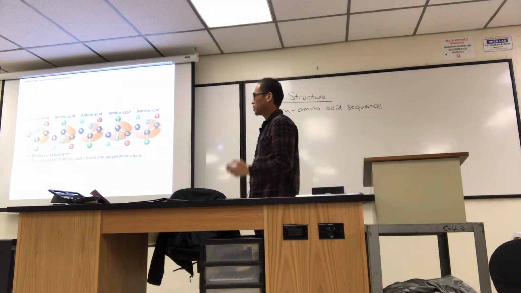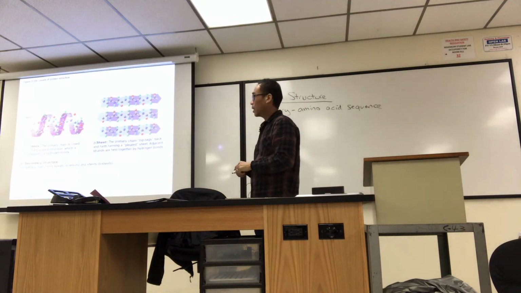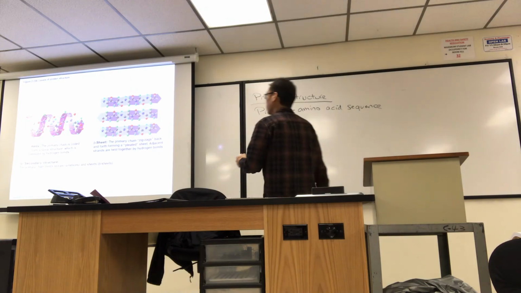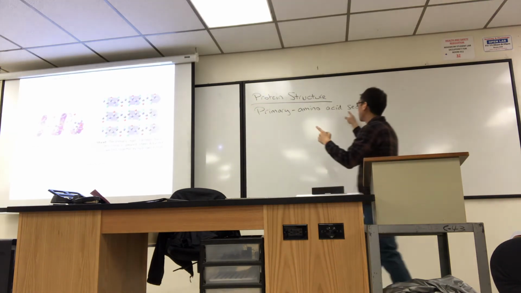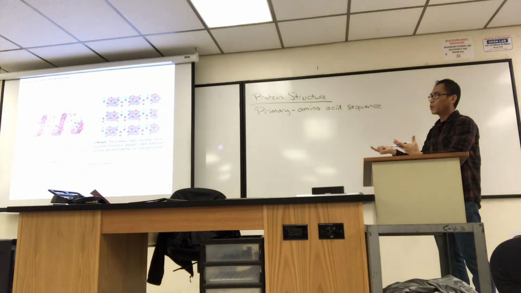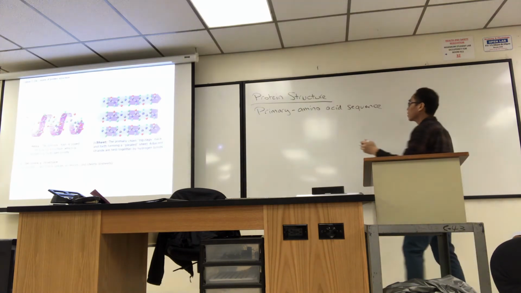Now, if the sequence is correct, it'll start to fold into these generic shapes, so the protein can have some function. So this is the secondary structure. When the amino acids are all linked together, what you have is a polypeptide chain. That's usually what they call it.